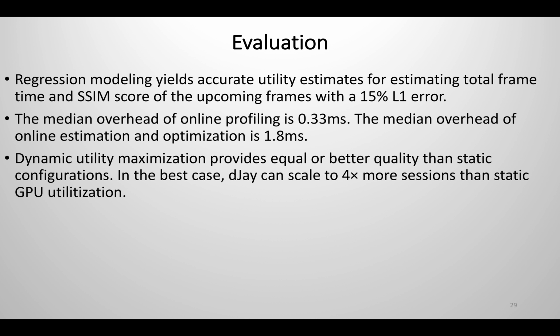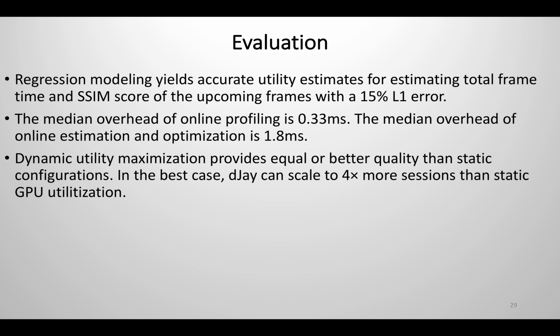And the last thing they found is that the maximization for the utility provides equal or better quality than the static configurations. Basically, what that means is that since DJ is dynamically changing the rendering settings of the game throughout the gameplay, it's showing better results than having the static configurations throughout the whole game.